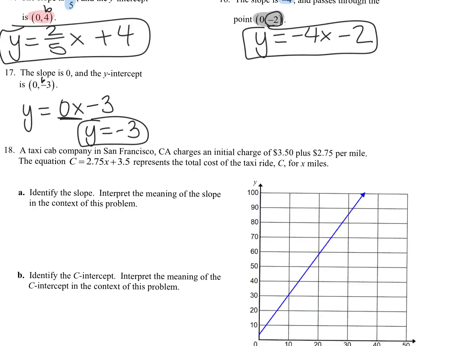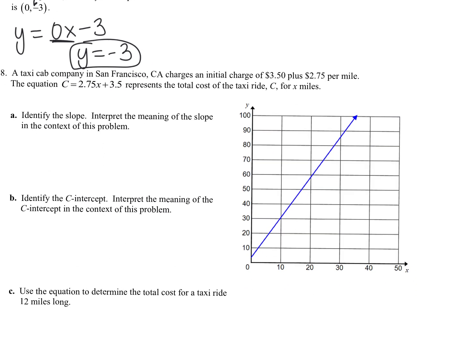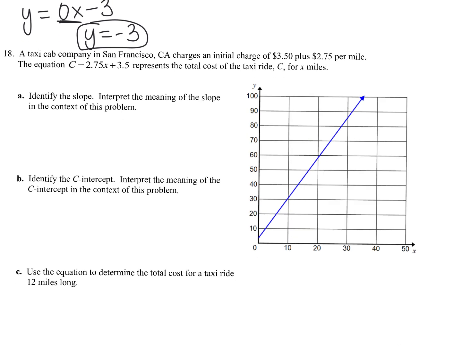All right, and then we've got this word problem. It says a taxi cab company in San Francisco charges an initial charge of $3.50 plus $2.75 per mile. The equation C equals 2.75x plus 3.5 represents the total cost of the taxi ride C for x miles. So first, it says to identify the slope, and interpret the meaning of the slope in the context of the problem.